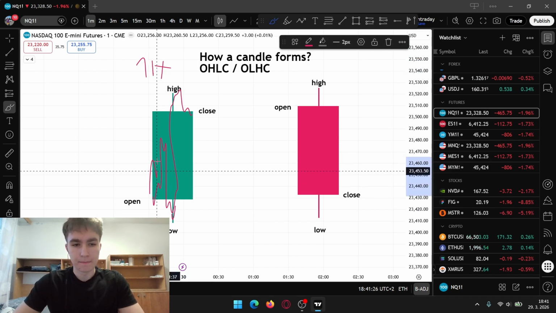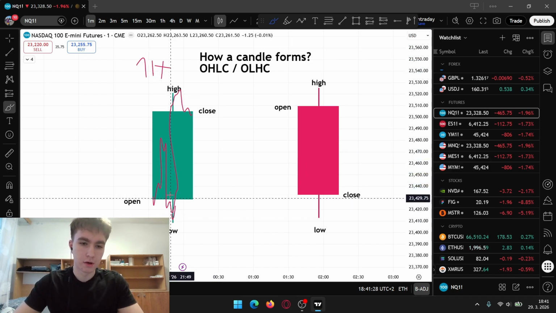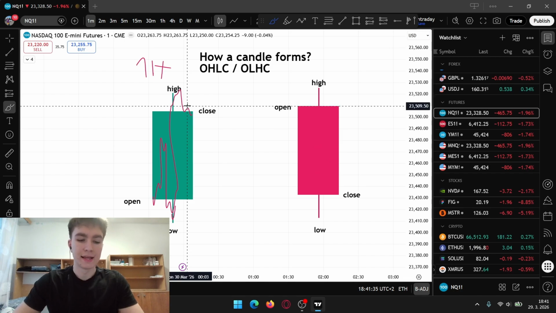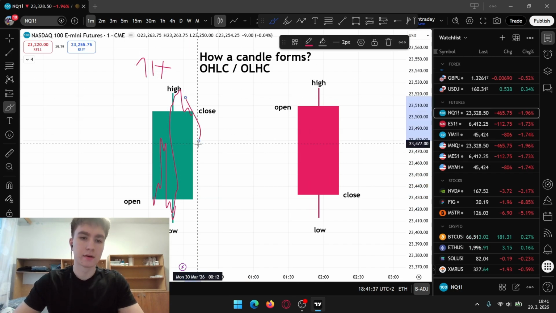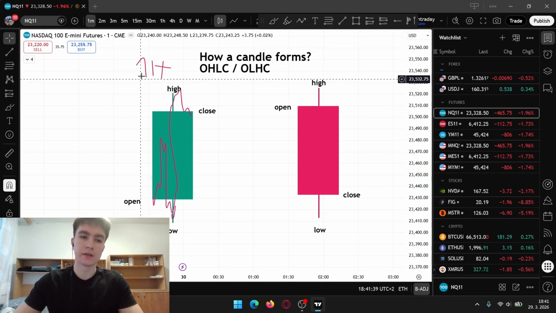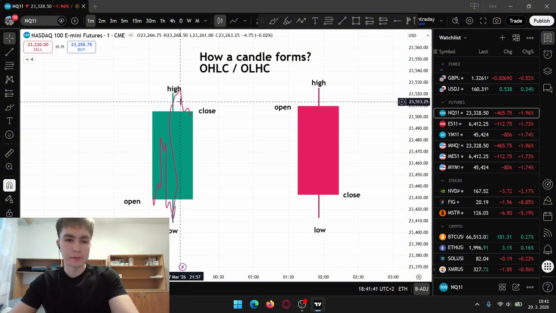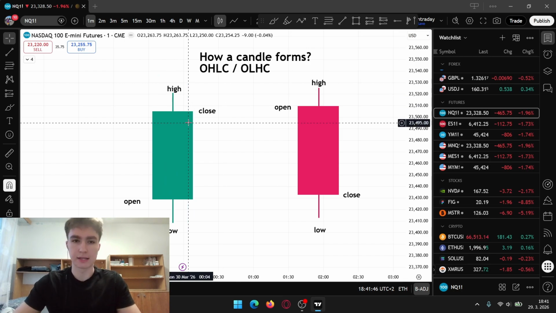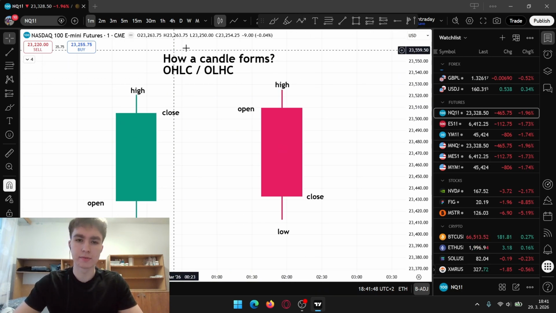It opens, does whatever it wants, forms a low, forms its high, and closes after the 1 hour at this level. The price action within that 1 hour is represented in this manner, like this candle.